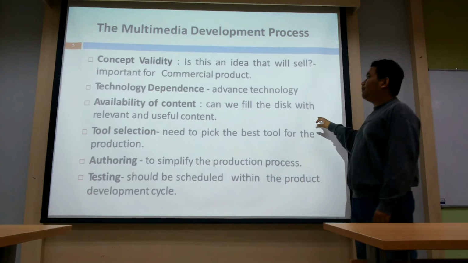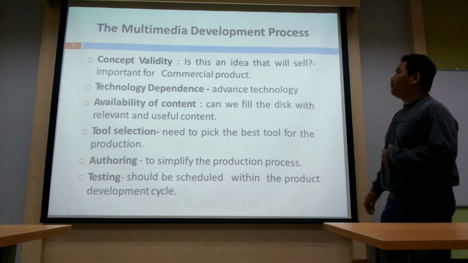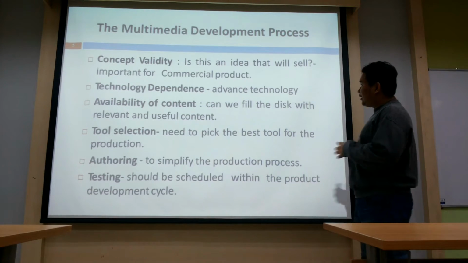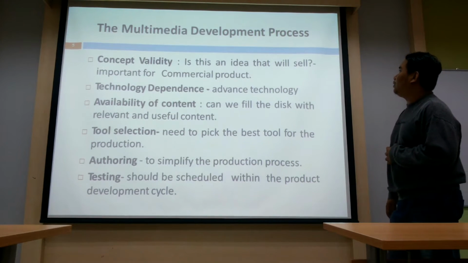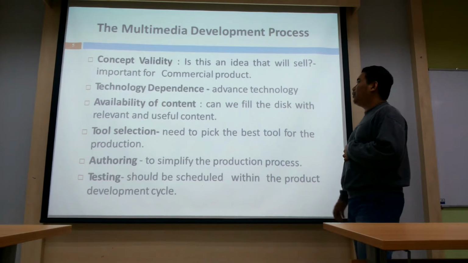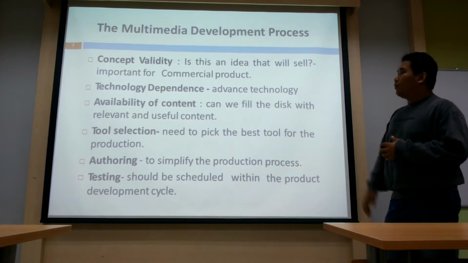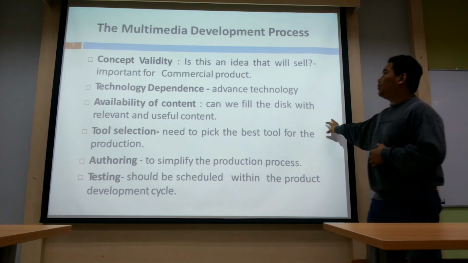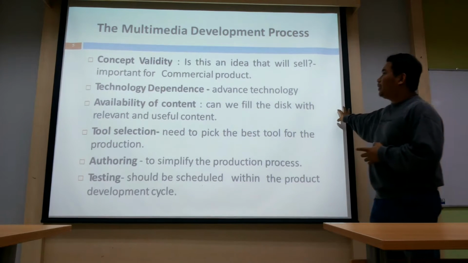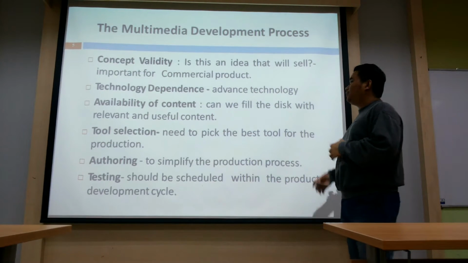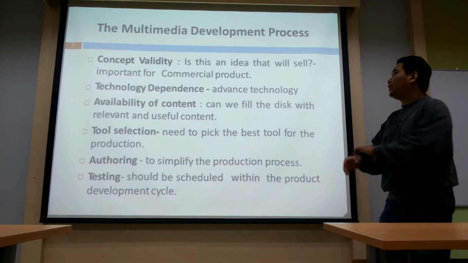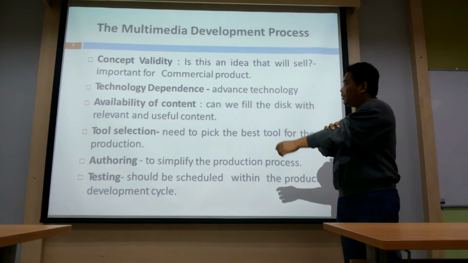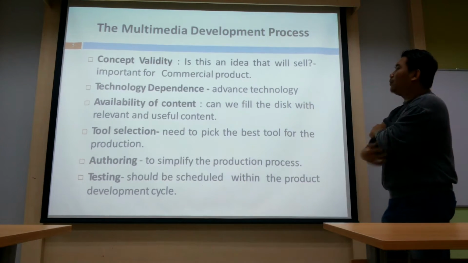So this is the process. The first process is concept validity. This is the idea of what actually the product is. So this is important for commercial products. And second, technology independence. This is for the advance of technologies in the future or anytime.